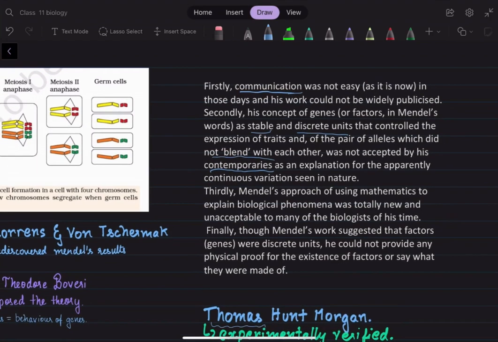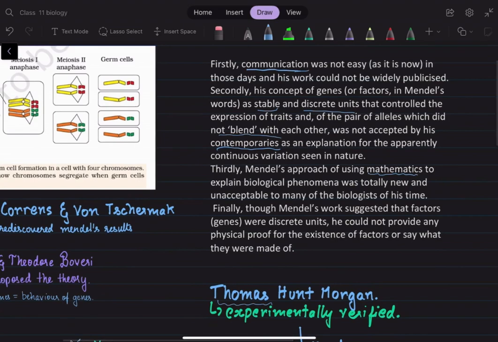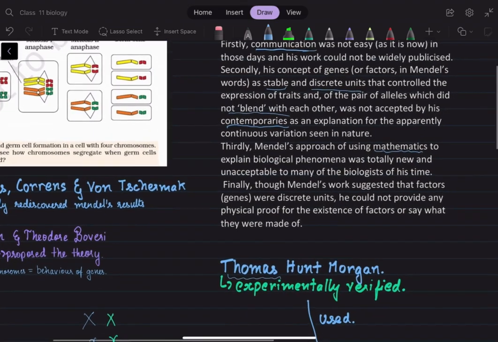And thirdly, Mendel for the first time used maths to explain biological phenomena, which was unconventional at those times. So that was also not accepted by many biologists.